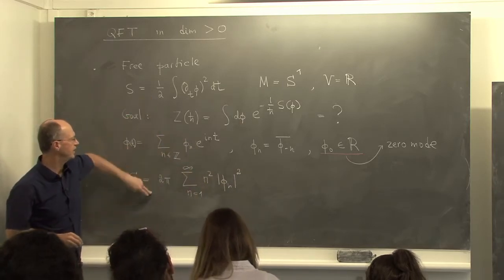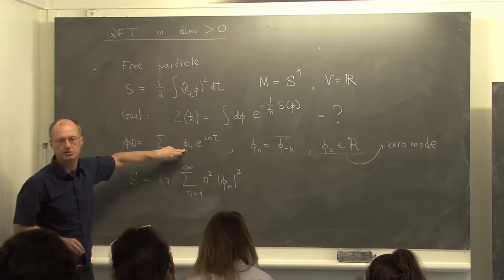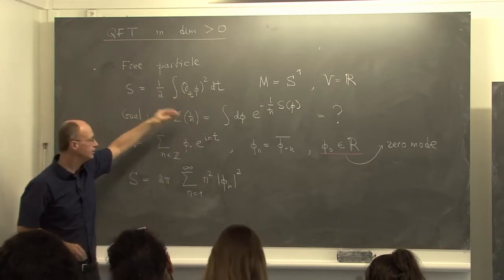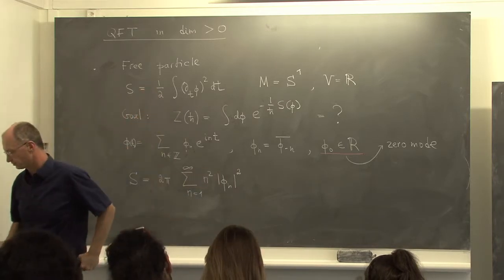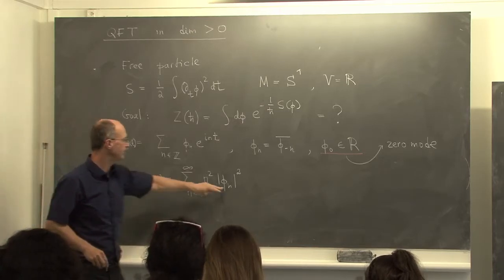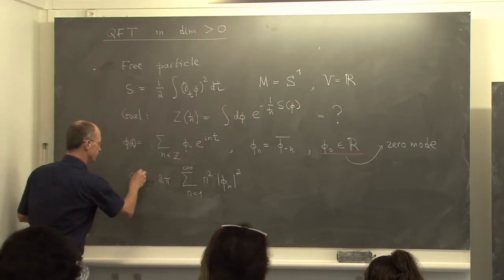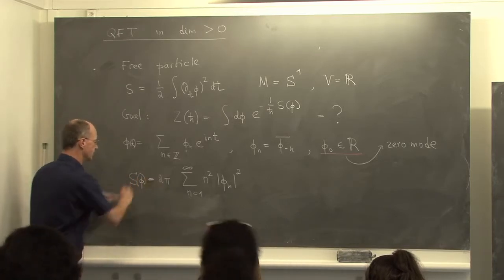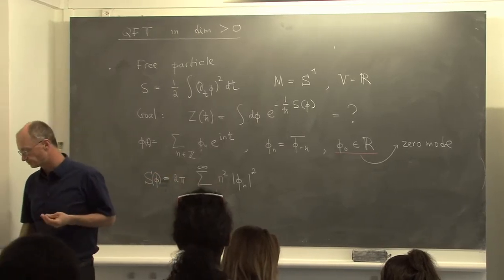And this is simply Bessel's identity for this Fourier series. So we substituted in the integral over this circle, right? And that's what we get. So in particular, note that phi 0, this zero mode, maybe I should better write S of phi, it does not enter this decomposition.